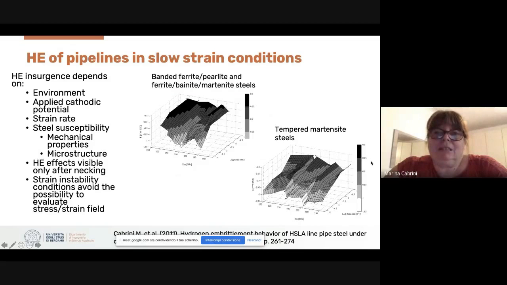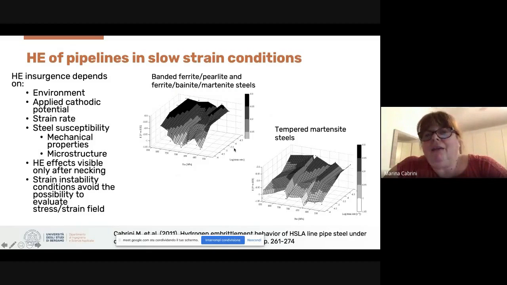tempered martensitic steel. We can observe that the critical potential to have hydrogen embrittlement depends strongly on strain rate. At very low strain rate, it's not possible to observe a difference between the steels, because even at very low potential, a very small concentration of hydrogen is sufficient to have a hydrogen embrittlement effect.